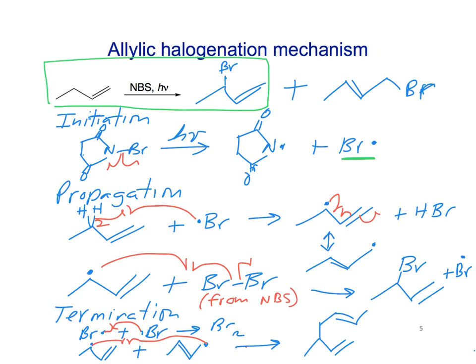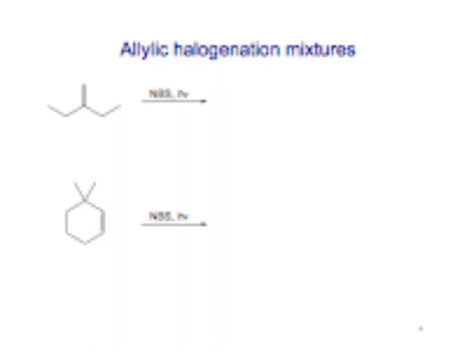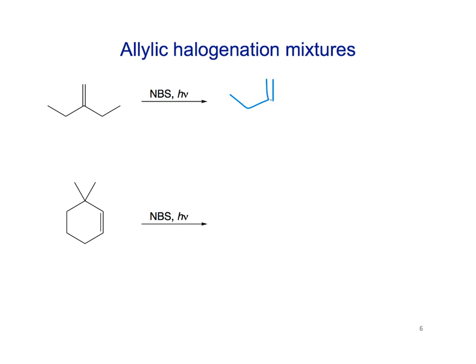All right. Let's look at a couple of examples then. When we draw out products, we need to make sure we take into account the possible resonance of that allylic radical. We always know that we can brominate at the allylic position of the structure that's shown.